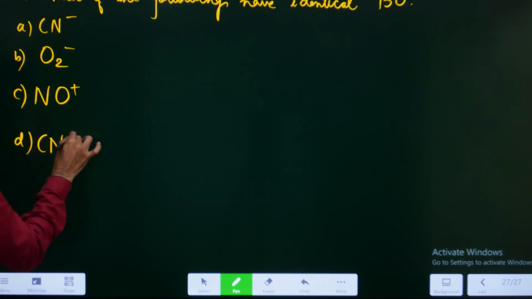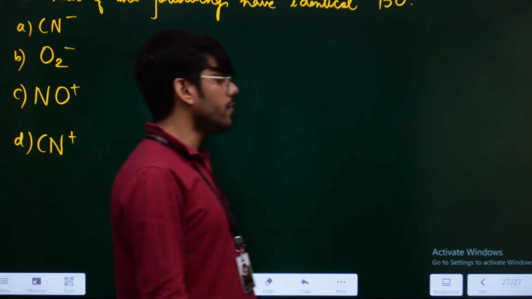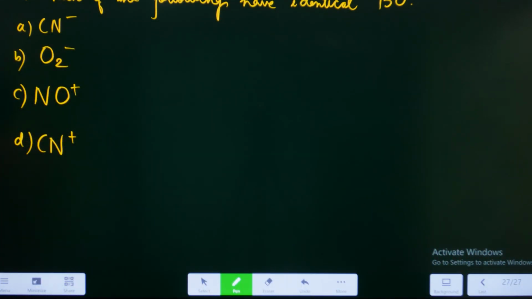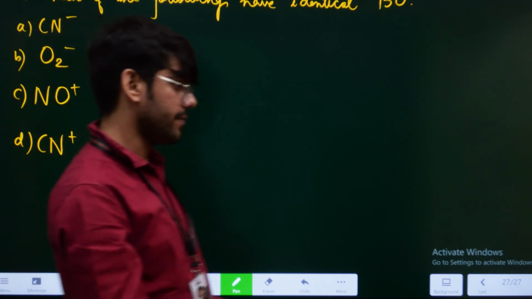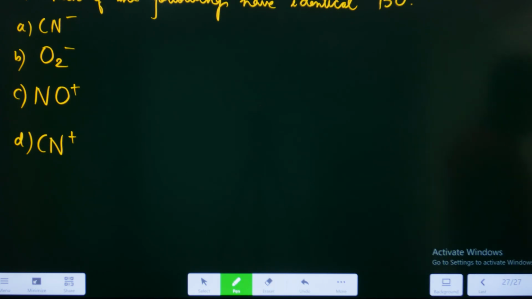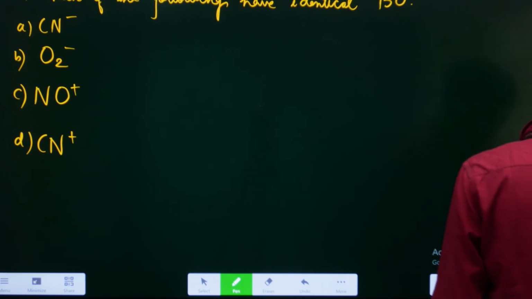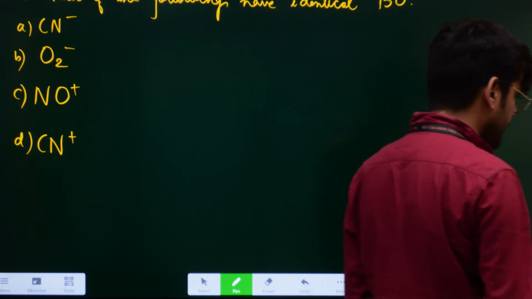Tell me, which of the following have identical bond order? You are supposed to report the answer like A, B, C, or A, B, C, D, like that.